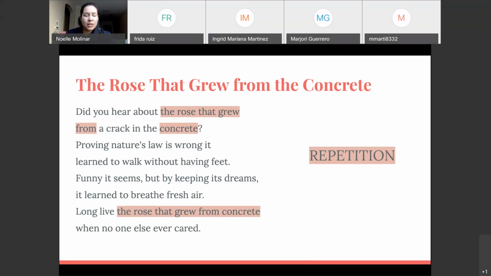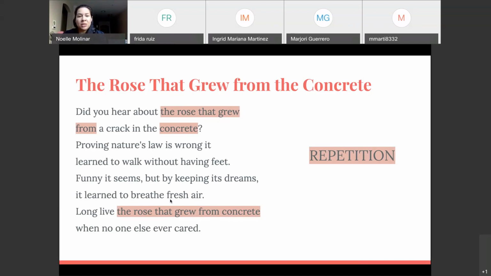We went through the first few steps of a method of analysis called TP-CASTT. So right now we finished the T, which is for title, P, paraphrase, and we're in the middle of the C, which is connotation. Connotation itself is one step, but it has a lot of different elements.